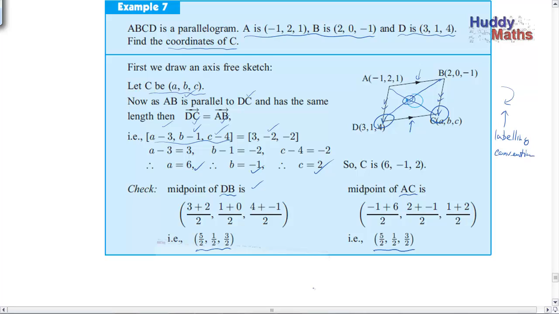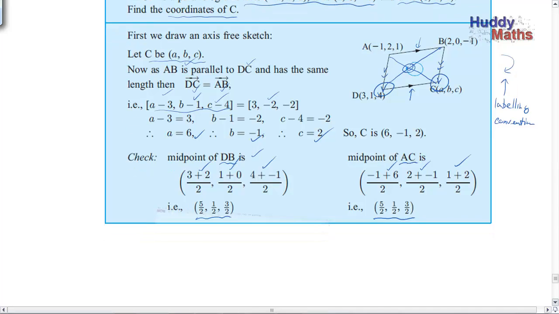Okay, so that's a nice little thing to do. Remember the midpoint formula: the average of the x coordinates, the y coordinates and the z coordinates, here the average of the x of A and C, y of A and C, and z of A and C. So we're starting to go into that geometry stuff again, so try to remember your 2D coordinate stuff as well.